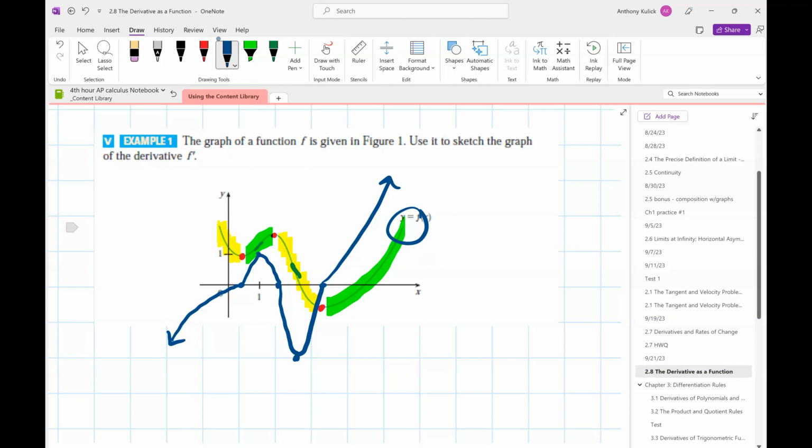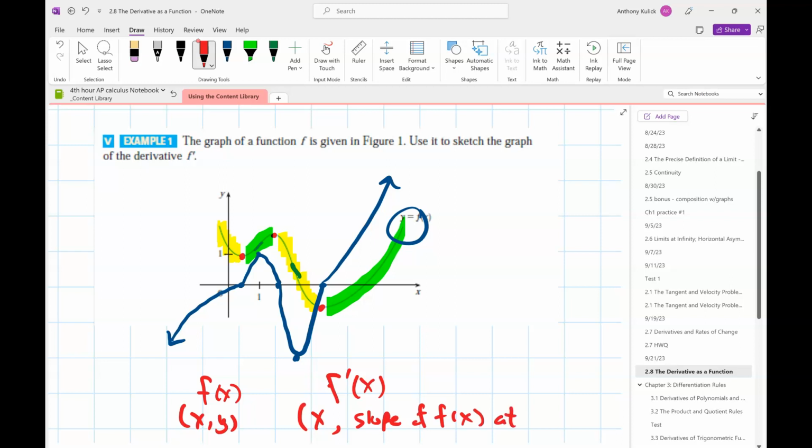Exactly. So if you think about f of x as x comma y, f prime of x is x comma slope of f of x at x, right? So it's a function of slopes.